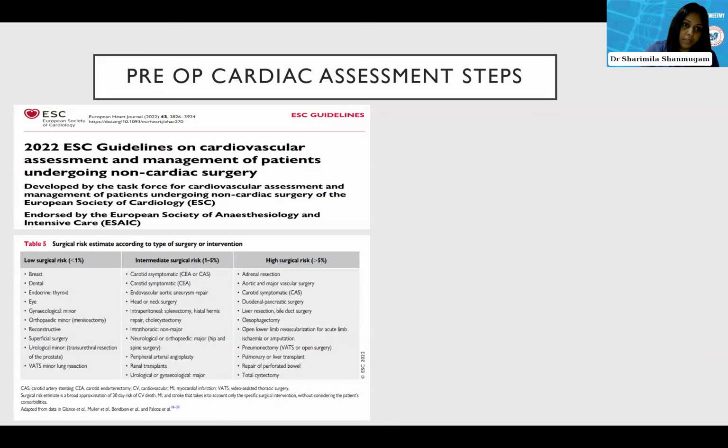The patients undergoing low surgical risk surgeries will be breast surgeries, dental, eye cataract surgery, minor gynecological surgery, orthopedic surgery like meniscectomy, reconstructive surgery, urological procedures as well, transurethral resection of the prostate, and minor lung resection. It carries less than 1% risk of your 30-day mortality.